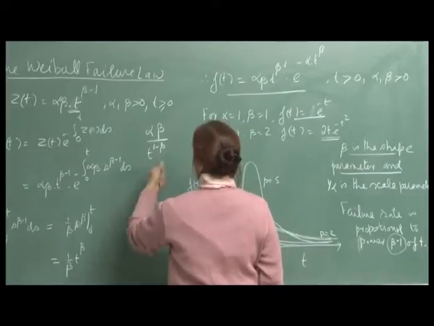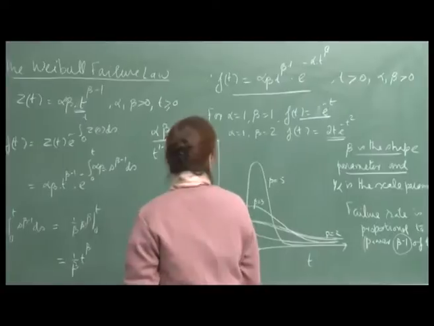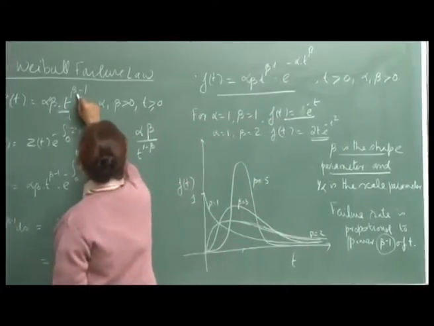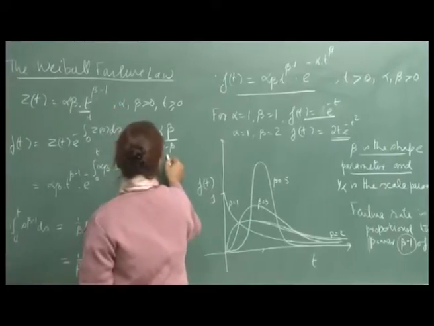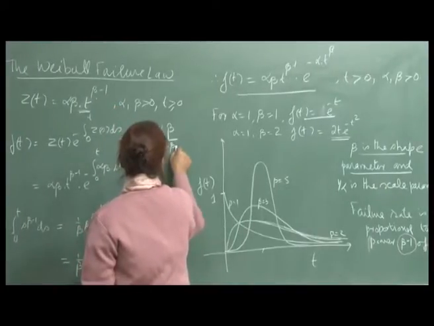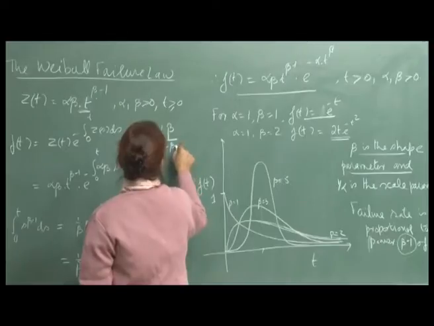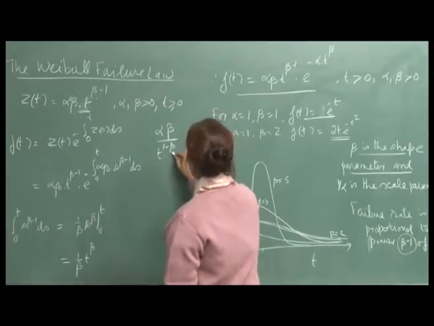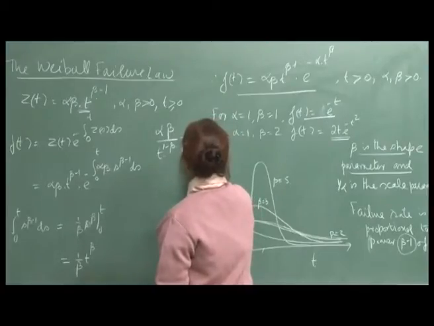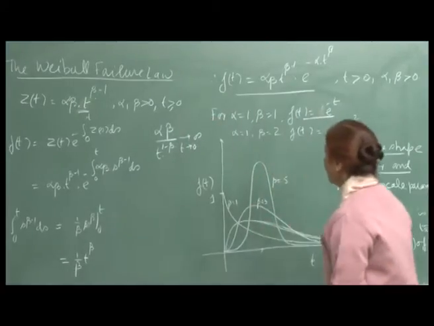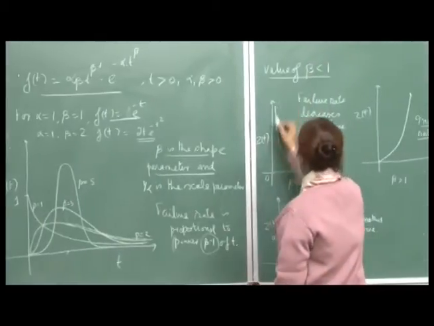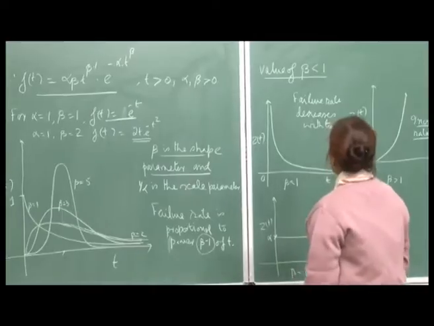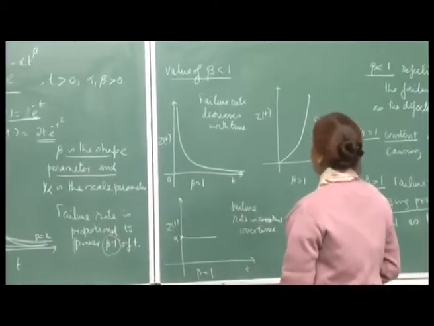I want to show that for beta less than 1, this power is negative. So, when I take it to the denominator, this power is positive, and as t goes to 0, this goes to infinity. And as t goes to infinity, this goes to 0. Okay. And so, failure rate decreases with time.